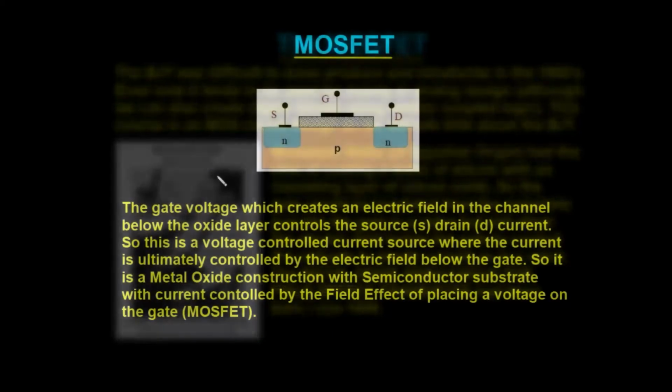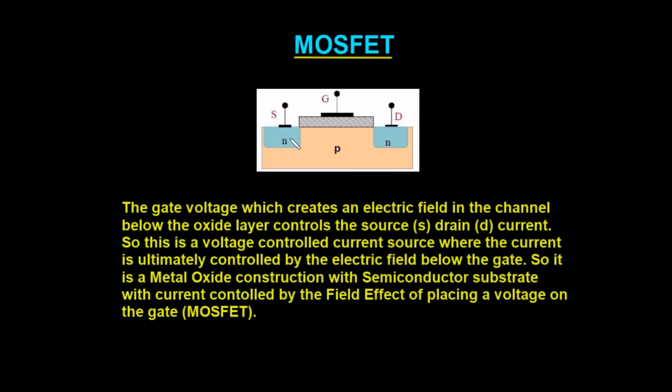So we have a voltage between the gate and the substrate. This voltage creates an electric field, and this electric field controls the current from the source to the drain. So we have a voltage controlled current source in the same manner as our humble electric bulb with an extra electrode.